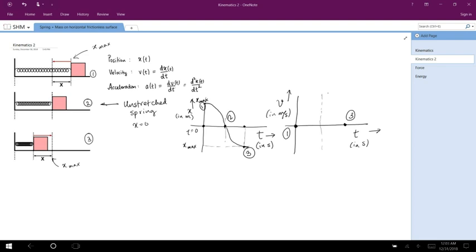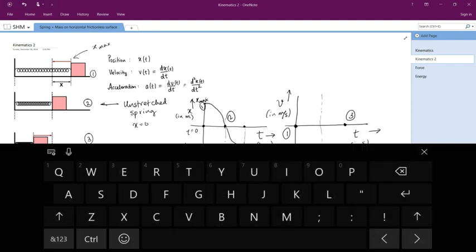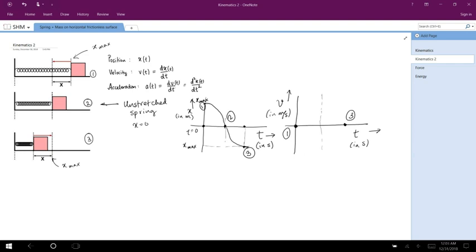So its velocity is increasing in the negative direction, or in other words, it's decreasing. Its magnitude is increasing, but its direction is negative. So at point number 2, that's where the block reaches maximum velocity or maximum speed. We'll call that Vmax. Okay.